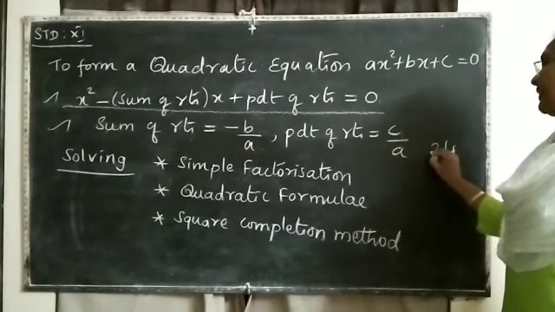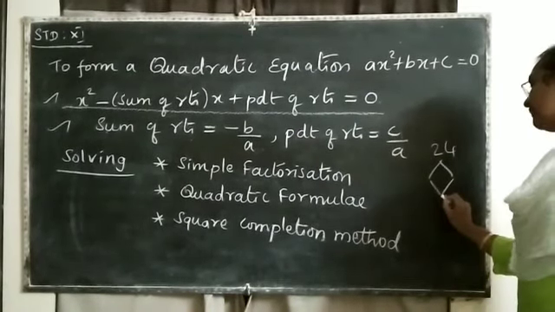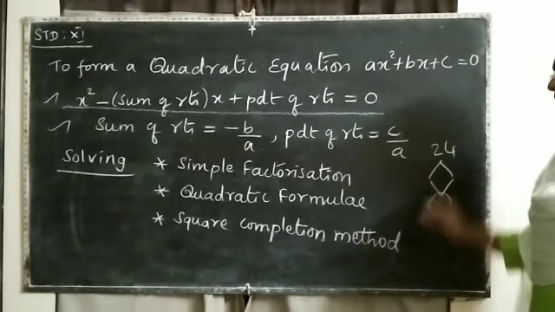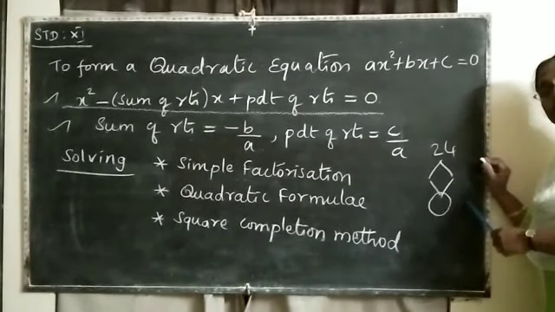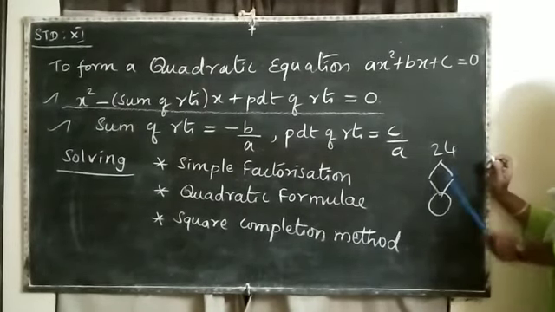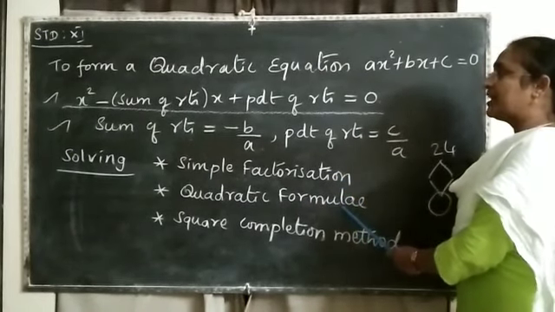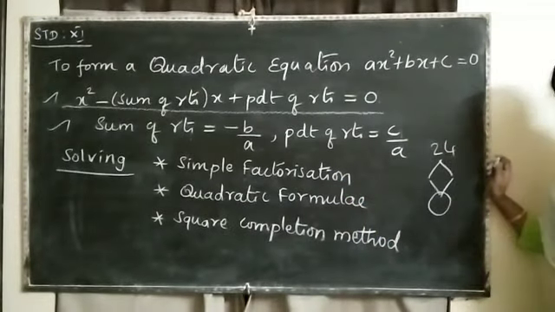If it is going to be 24, we will split the number into two numbers whose addition gives the other number. So this we will deal with in the sums based on exercise 2. This type of method of factorization is said to be simple factorization. Now coming to the quadratic formula, do you remember the quadratic formula?